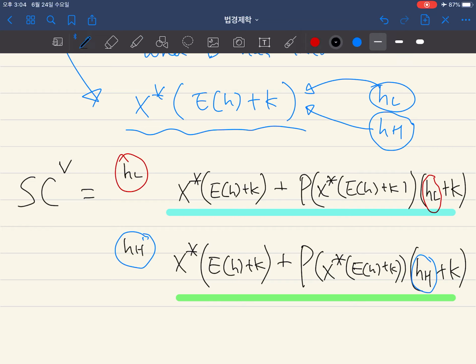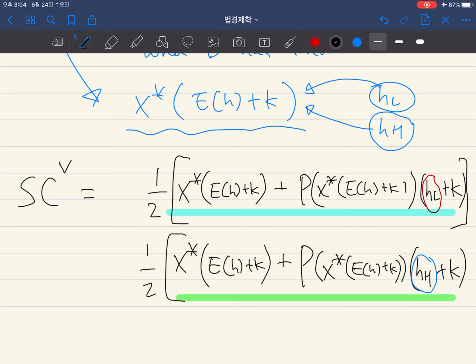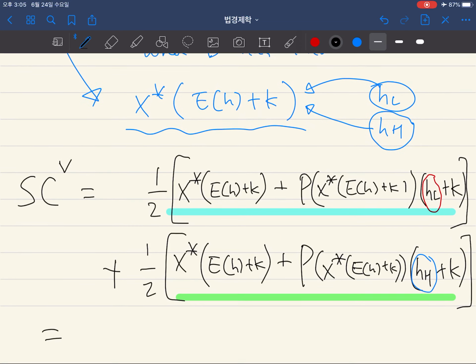So harm is small with 50% probability and harm is big with 50% probability. So we multiply half to both expressions and add them up. Then this entire expression is social cost under verification. And we can simplify this expression.